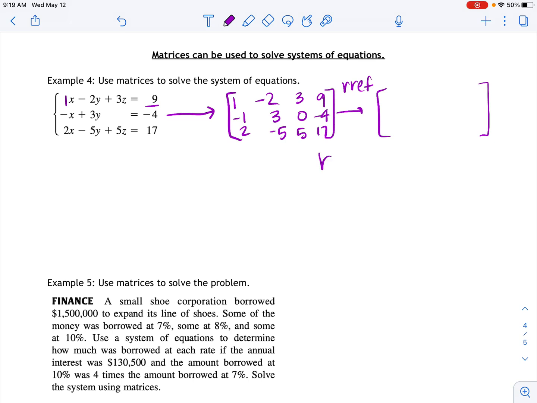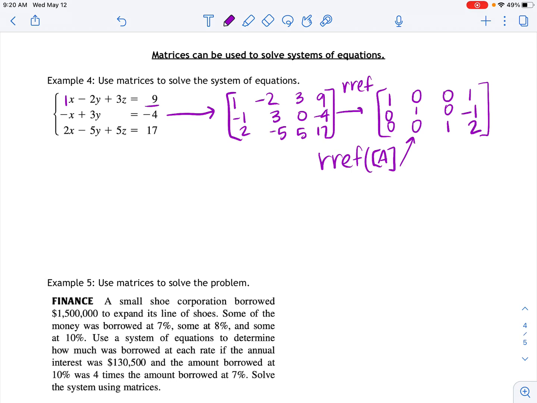Then what I'm going to do is go on my calculator and go in the matrix function, go over to math, and then find RREF and hit enter. And then whatever matrix you put all these numbers in, I put it in A. I hit enter, A, and then I hit enter, and it gives me this matrix in reduced row echelon form, which we talked about earlier in this section on what it is.